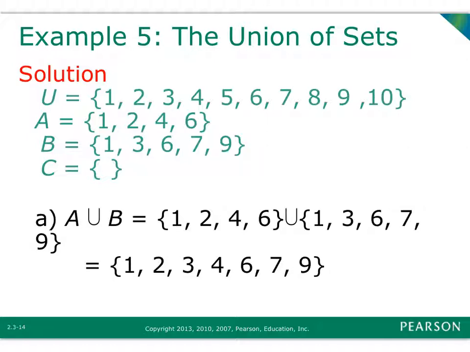So in our first example, we're going to look at A union B, and we just have all of the numbers that are listed, and if it's listed twice, we only list it once.